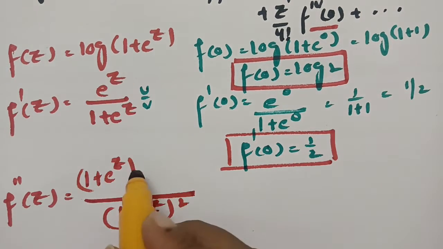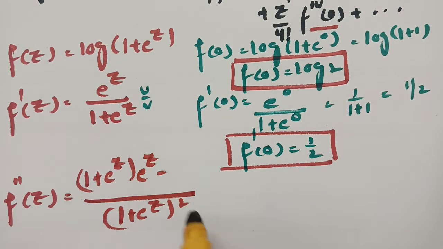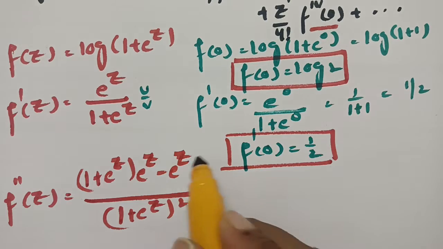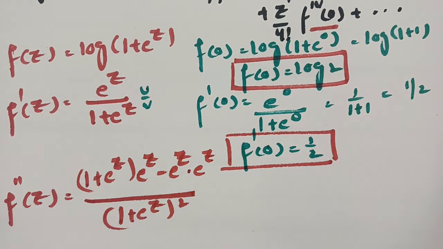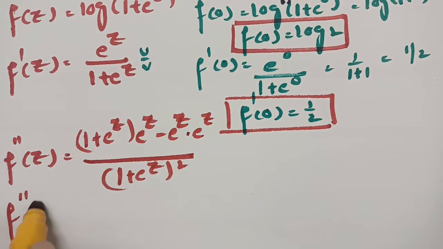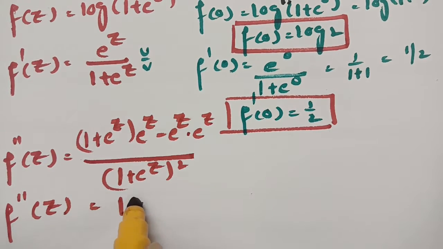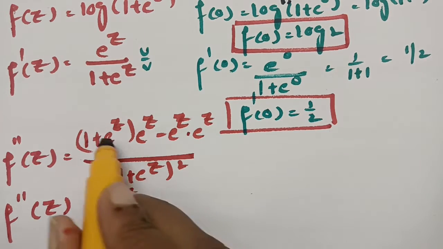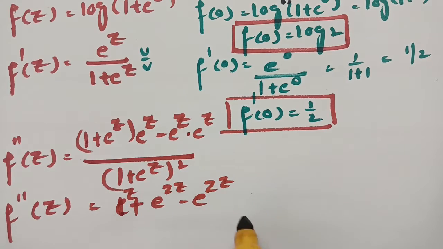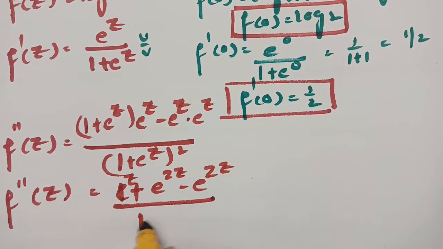For u we take the derivative, e power z is e power z, and again we leave u and take the derivative of v, which again is e power z. And clearly if we multiply, the double derivative is 1 into e power z, so this will be e power z, and if I multiply, this will be e power z minus e power 2z by 1 plus e power z whole square.